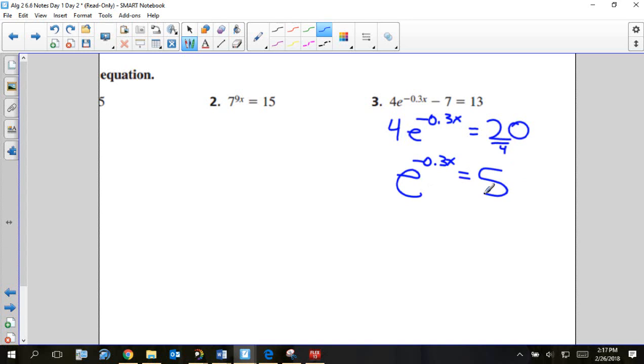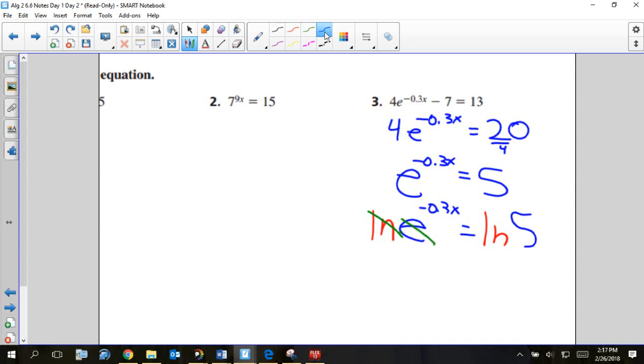So I'm peeling away the layers until I can get to the x. What's the next thing I have to get rid of? How do you get rid of E? ln. We've already learned that. So to both sides, ln e to negative 0.3x equals ln 5. That ln and the e are inverses.